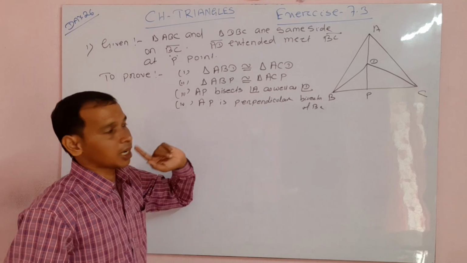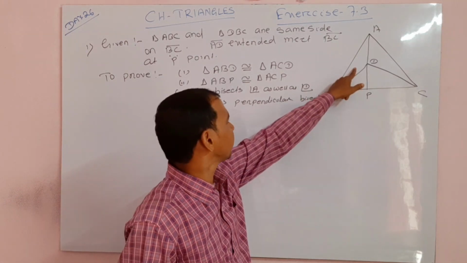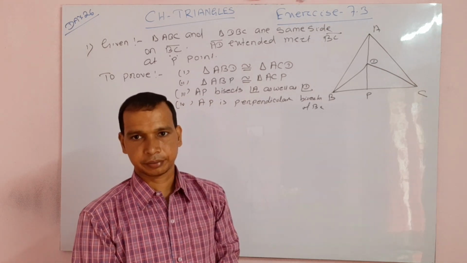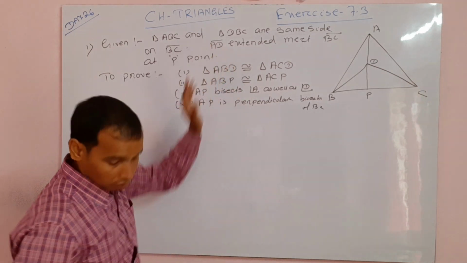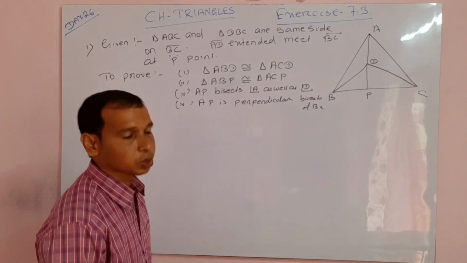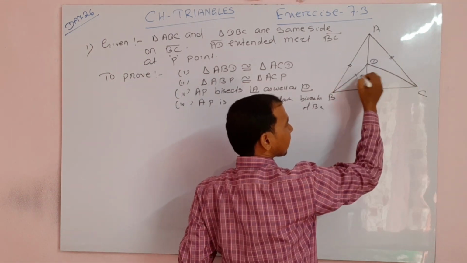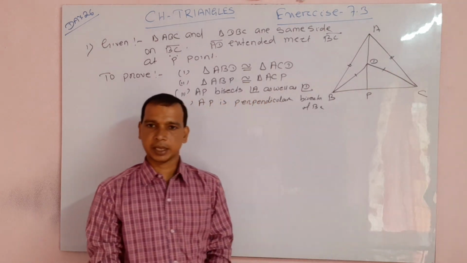Our aim is to prove that first, ABD and ACD are congruent. Since ABC and DBC are two isosceles triangles, this side is equal to this side, already given.